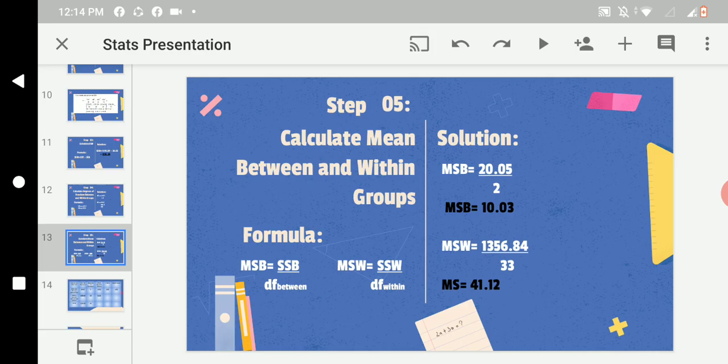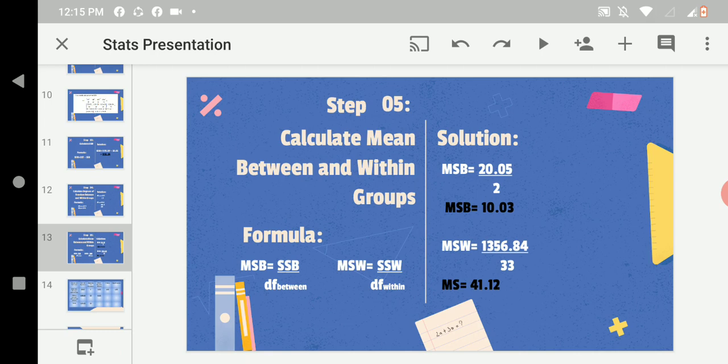Now we will just be substituting the data. For the MSB, we have 20.05 over 2, which equals 10.03. For our MSW, we have 1356.84 divided by 33, so the answer is 41.12.